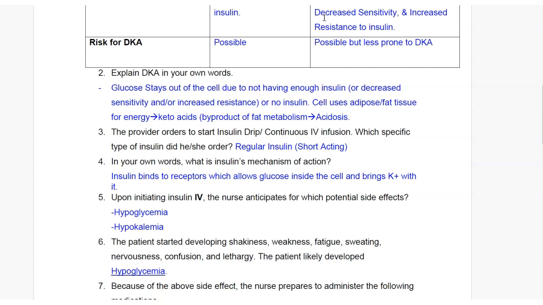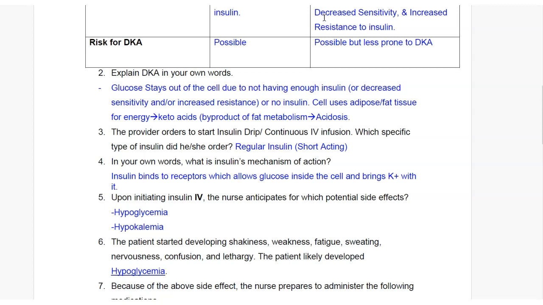And as I talked to you guys in class, when we're using fat as a source of energy, the byproduct is keto acids. That's the byproduct of fat metabolism. When we have too much keto acid in our blood, that's actually quite toxic, so we develop acidosis. That's why it's called diabetic ketoacidosis.